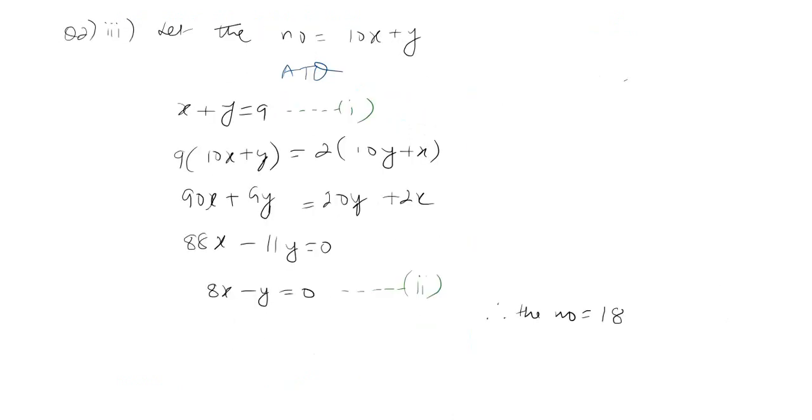So let's go back to our page. Part four. So we'll write like this. Let the number of rupees 50 notes be X and rupees 100 notes be Y. So the rest I'll keep as it is.